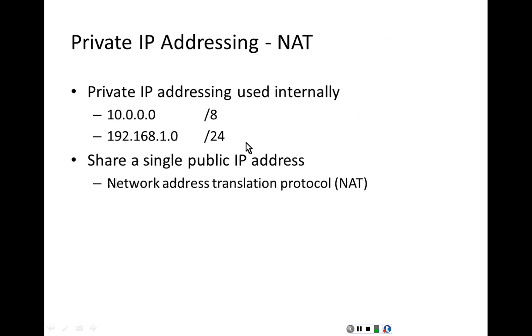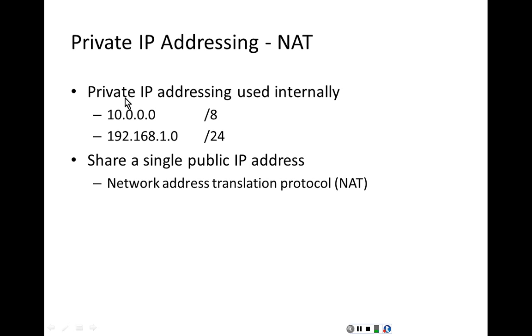So private IP addresses used by large organizations, a Class A network, would be in the range 10.0.0.0. That's what's used by the Community College of Baltimore County. And then a Class C private IP address would be 192.168.1.0, and this is what most of us are using on our wireless computers at home.